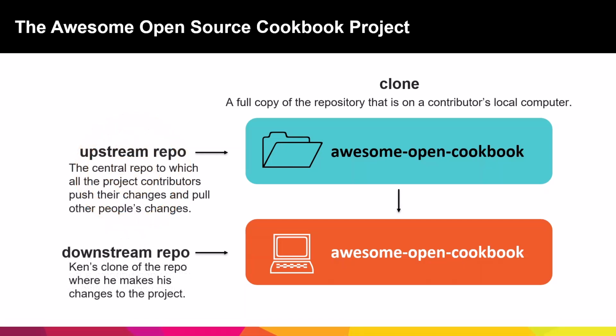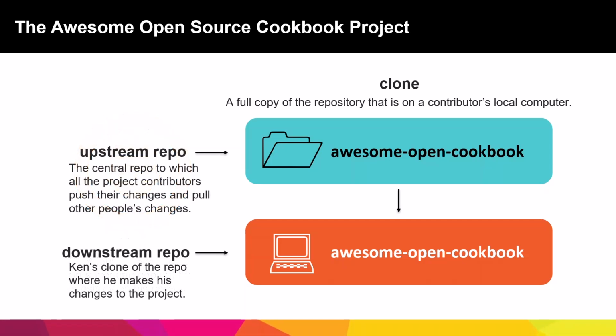I also need to explain a couple of terms related to that. You'll see these terms pop up, and I'll explain them in even more depth later. The original project, the one that Frida maintains, is called the upstream repo, which is the central repository to which all the project contributors push their changes and pull down other people's changes.